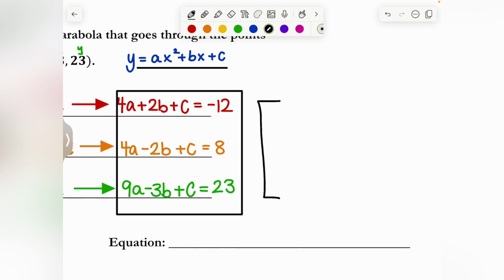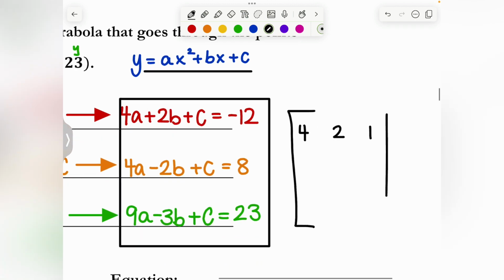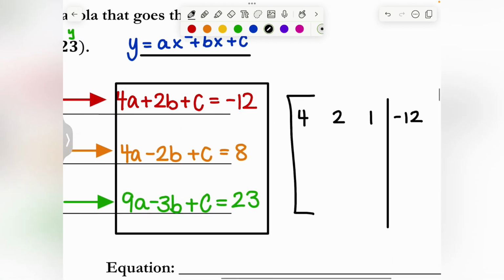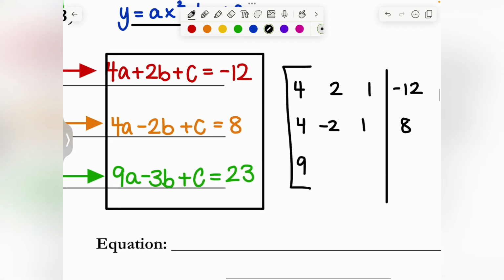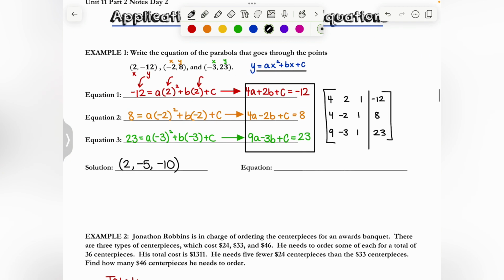This is 3 equations with 3 variables, and the coefficients are 4, 2, 1, and then equals -12 for the first equation. The second one is 4, -2, 1, and then 8. The third one is 9, -3, 1, and then 23. I'll type that in and hit solve, and what I get is 2, -5, -10.